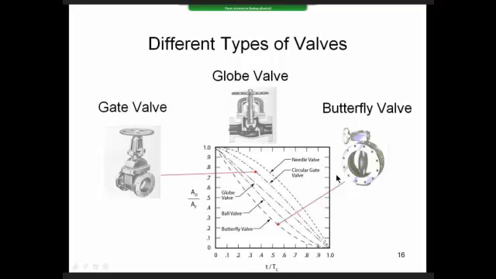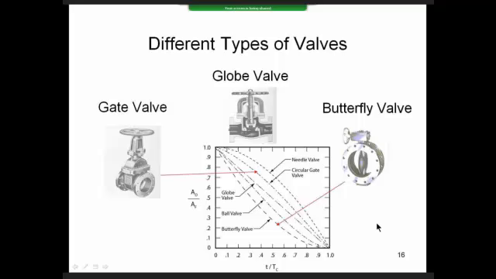Now, different types of valves. We're going to look at closing a butterfly valve, and this plot shows basically how the effective area, and really the effective valve coefficient, varies with the stroke. In other words, at 50% of the stroke, the butterfly valve is only about 25% open, whereas the gate valve is still about 75% open.